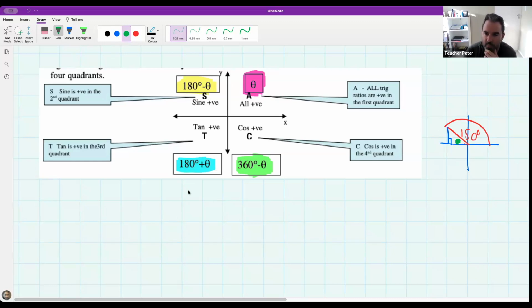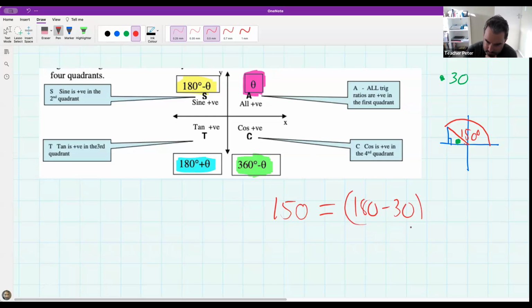Can you tell me what the size of the angle where the green dot is? So because we know a straight line is 180, Callan is quite correct, Nomfundo is quite correct, that is 30. So what this diagram is saying is that you could rewrite 150 as 180 minus 30.